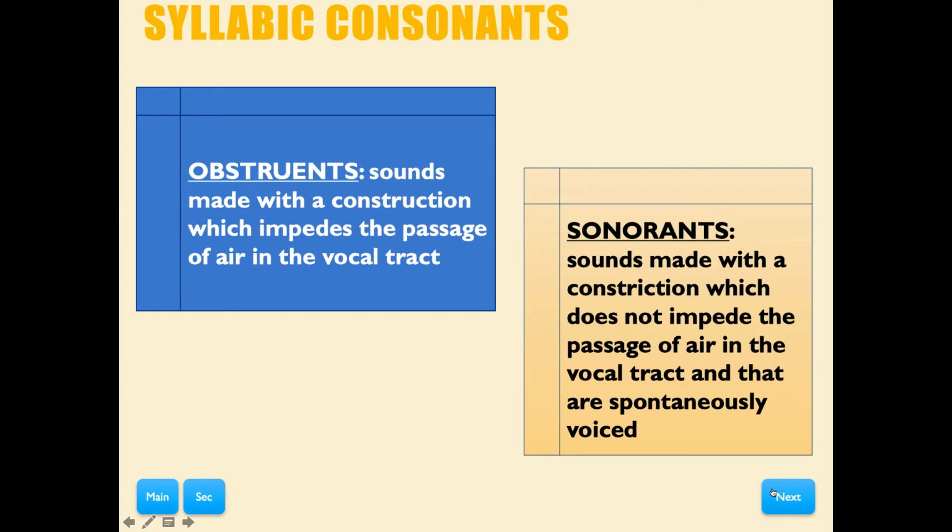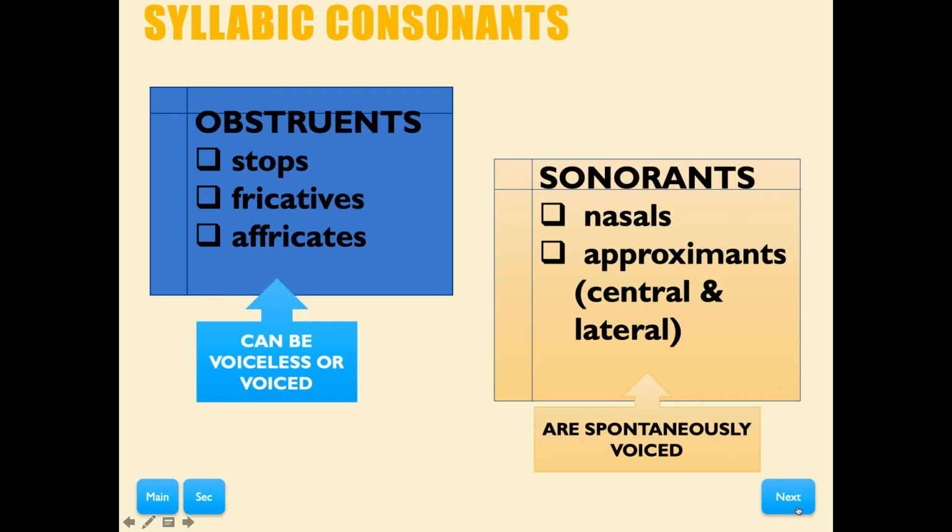The difference is very simple. Obstruents are sounds made with a constriction which impedes the passage of air in the vocal tract. And sonorants are sounds made with a constriction which does not impede the passage of air in the vocal tract and that are spontaneously voiced. Now, according to these definitions, obstruents are the plosives, the fricatives, and the affricates. The obstruents can be voiceless or voiced.